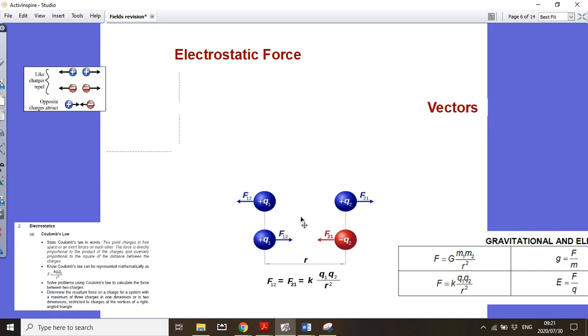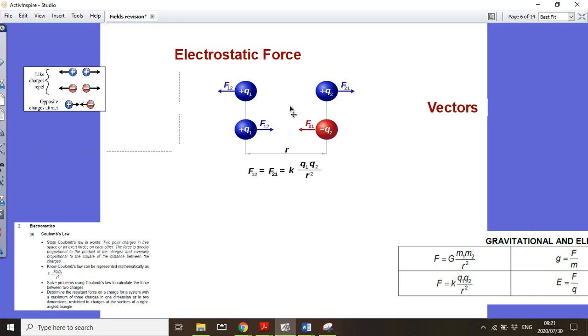Now this is going to look very similar. We have an attraction force or a repulsion force, but please remember the force of charge 1 on charge 2 is the same as the force of charge 2 on charge 1. I really like when you put it like this: the force between 1 and 2, the force between 2 and 1.